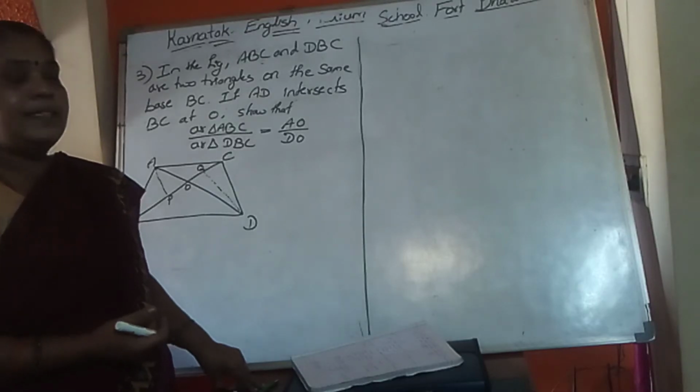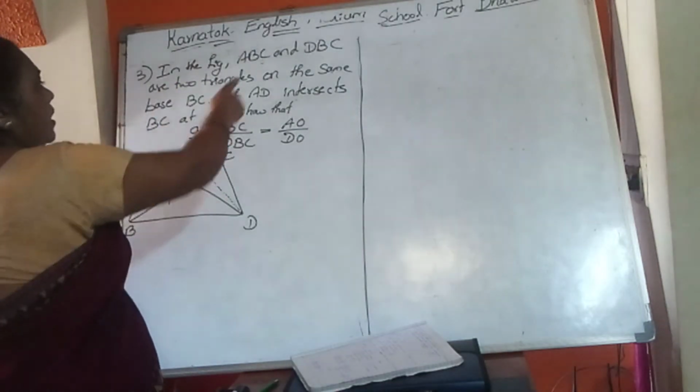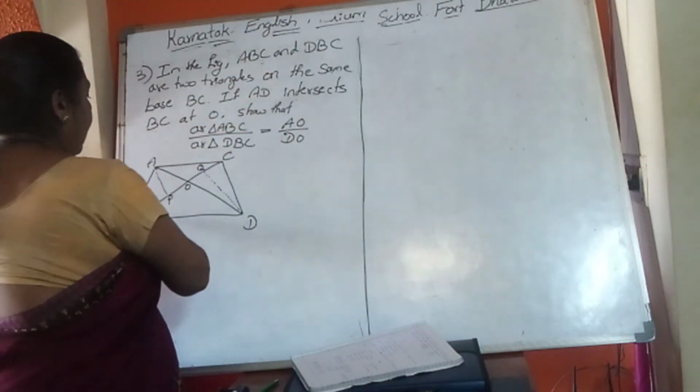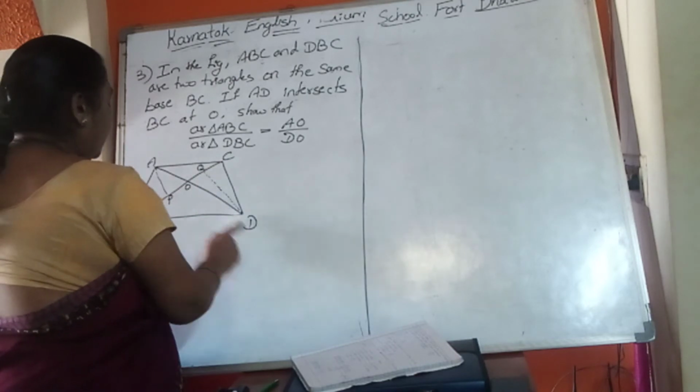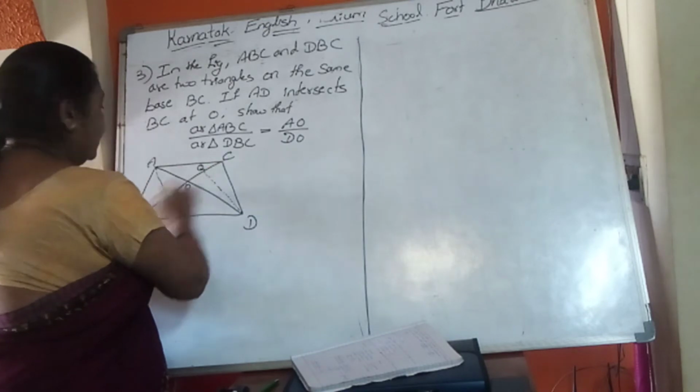Now the third example. In the figure, triangles ABC and DBC are standing on the same base BC.